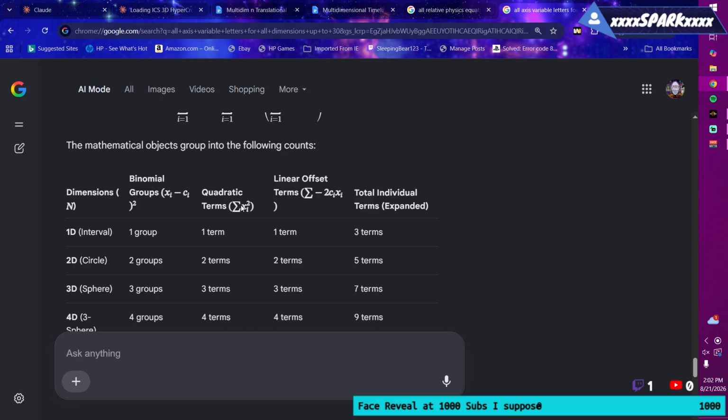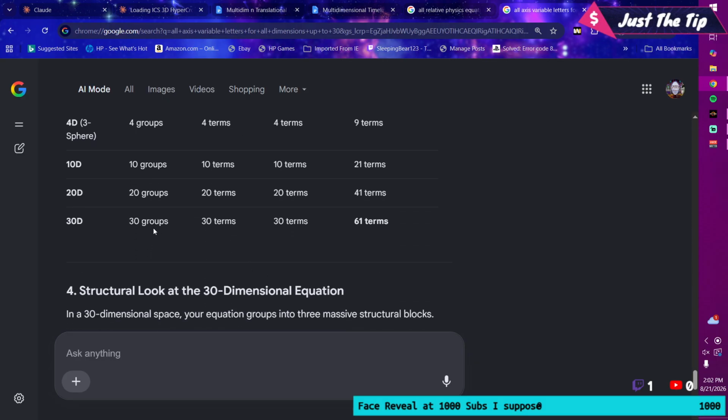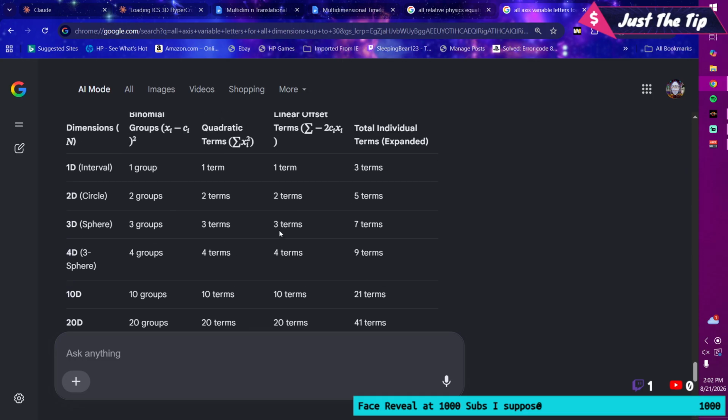I mean, this is just the consideration of the sums, consideration of the linear offsets as well, the different types, and they all match 1 to 1. So it's basically n times, or n to the exponent, really.